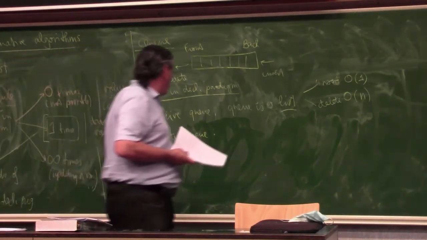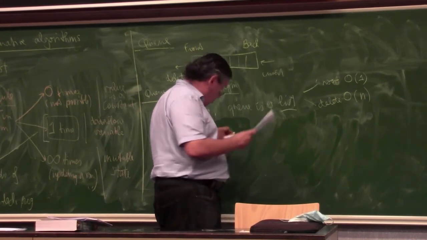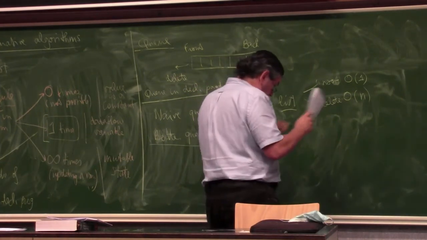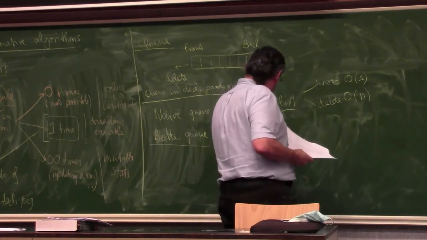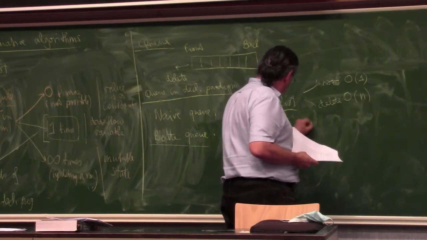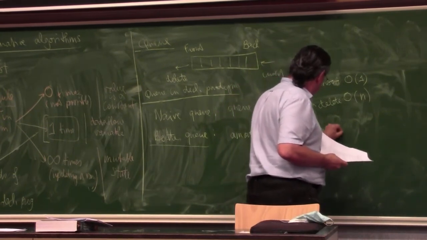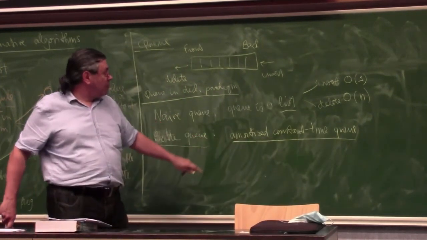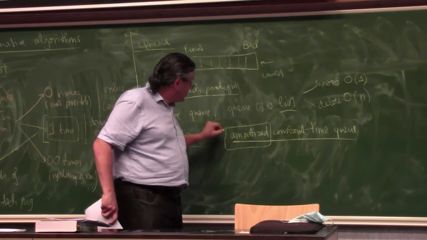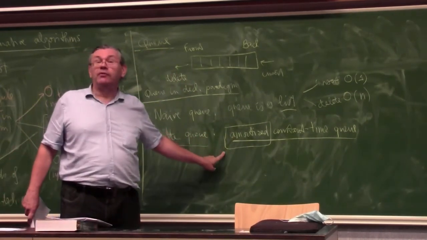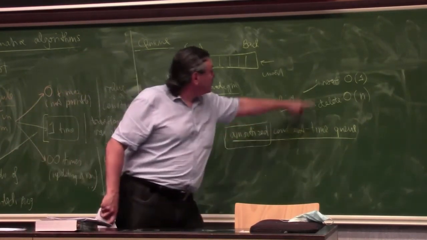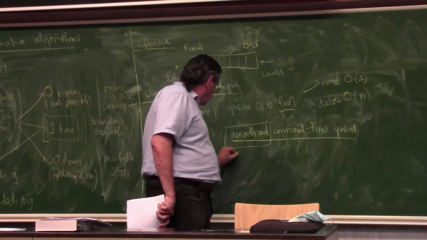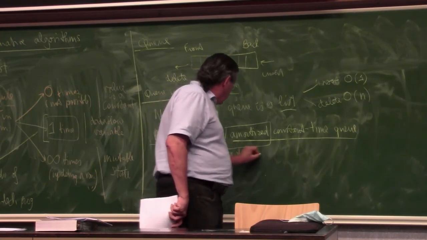So let me show you a better one. Let me show you an amortized constant time queue. An amortized constant time. So what does it mean, amortized? Have you seen that already in a course? You know what it means? Well, in this case, I'll just say, if I do n operations, they will take order n time.